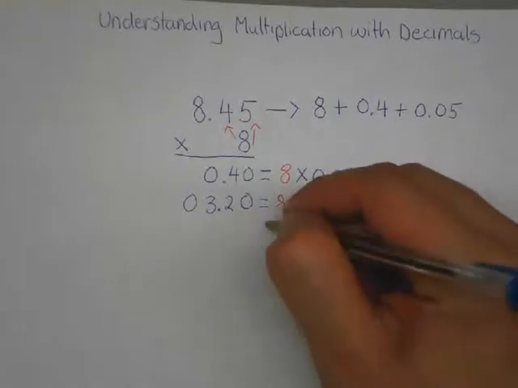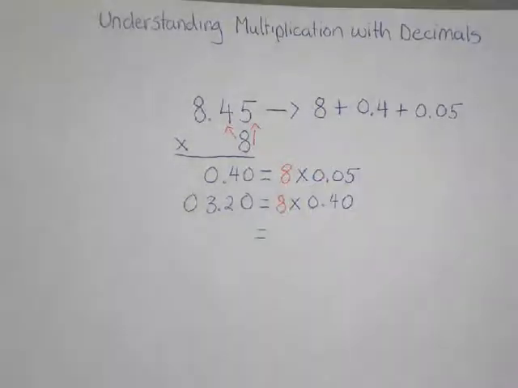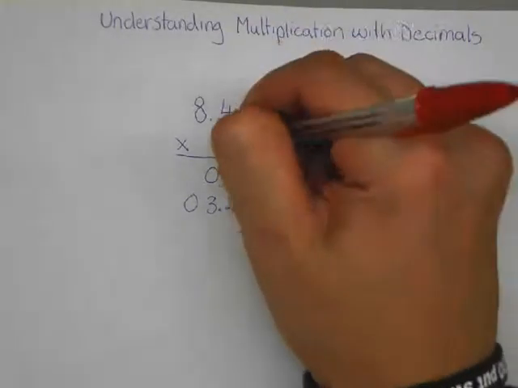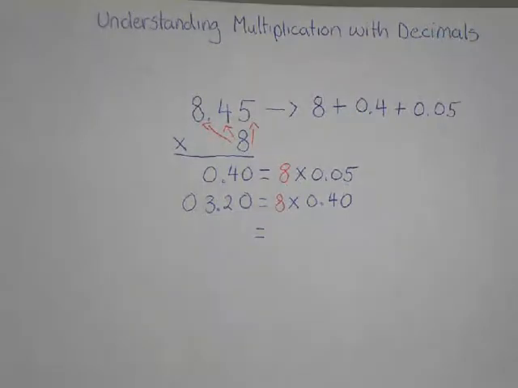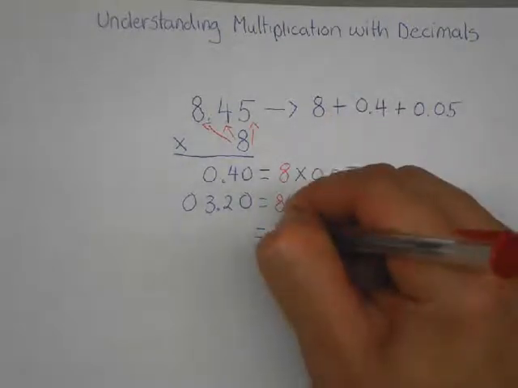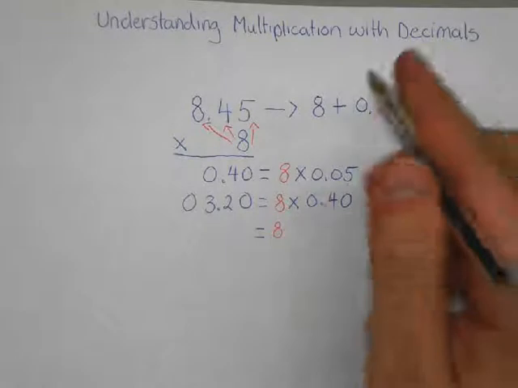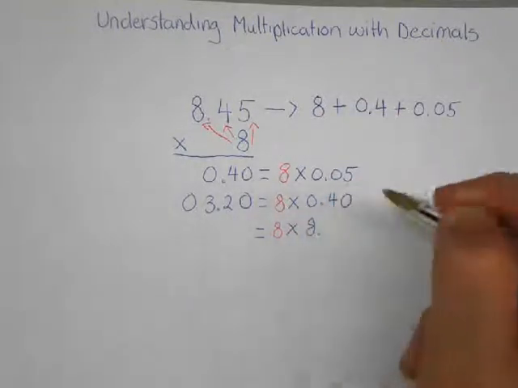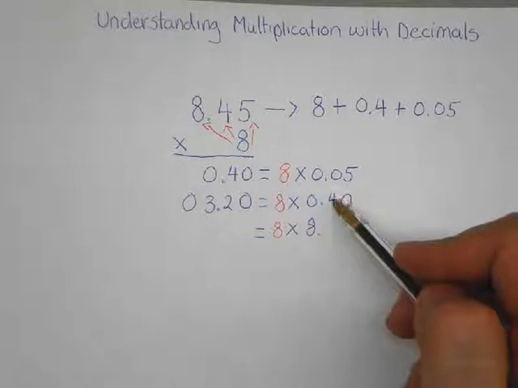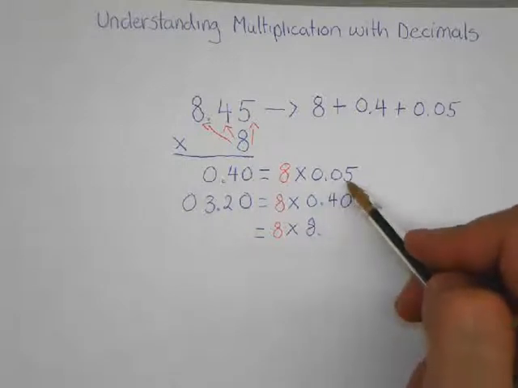Now, our last multiplication is going across once again to the 8, the 8 in the ones column. And we're multiplying our 8 once again, but this time by 8, a whole 8. Now, as I said before, it's important to keep consistent with what we're doing, always with two numbers behind the decimal.